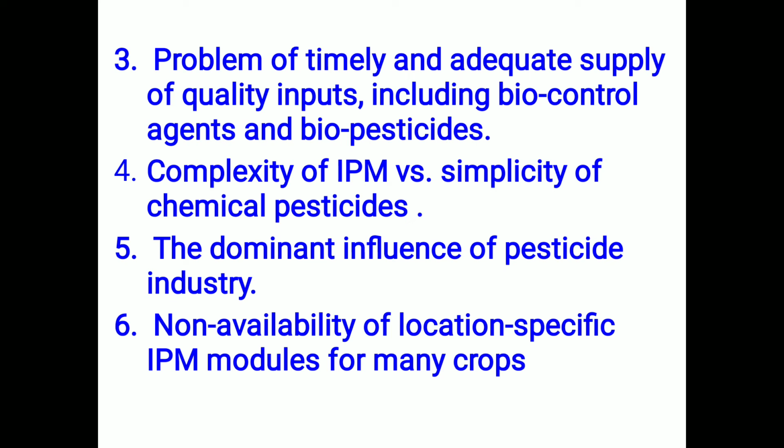But if we want to apply the IPM module, there is confusion while using it. That means which practices or which control measure is to be used, or what kind of IPM practices we have to carry out to control that disease. So due to that complexity, most of the time the IPM module is discarded by the farmers.